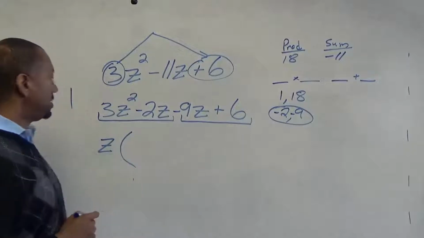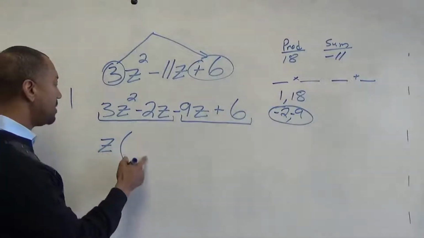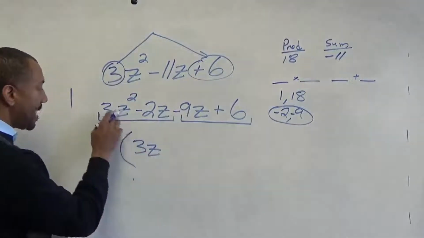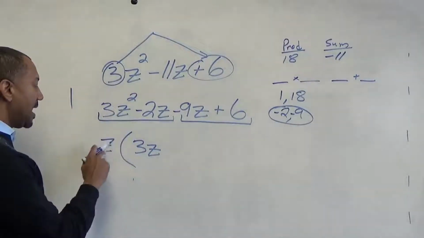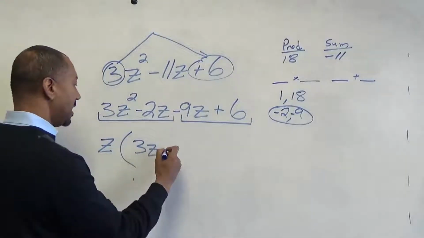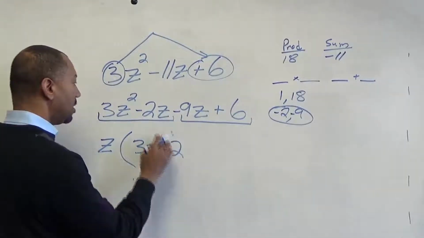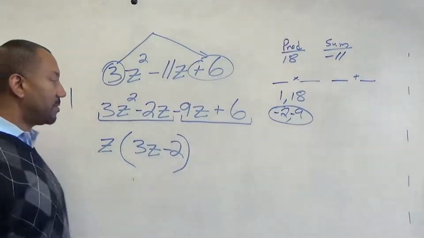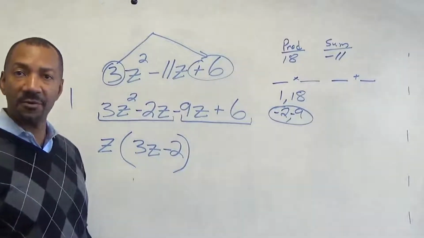Get my parentheses going. Z times a 3z will give me back 3z squared, and z times a negative 2 will give me a negative 2z. Close up my parenthesis, and I'm done with that first group.